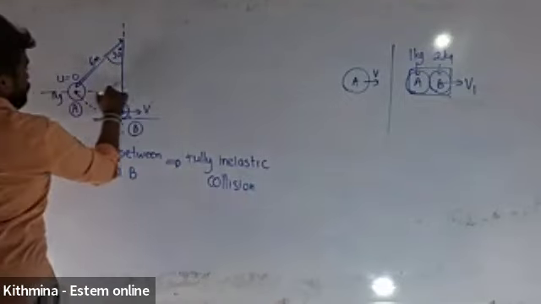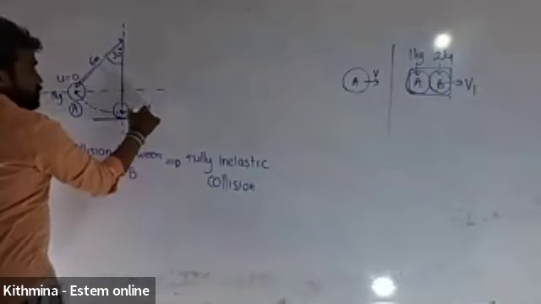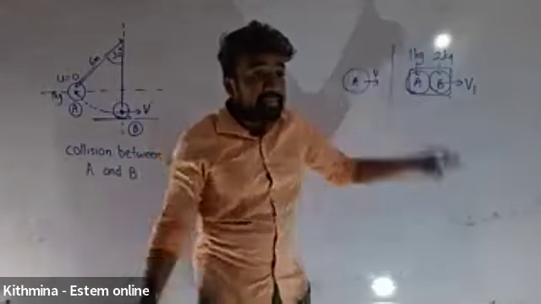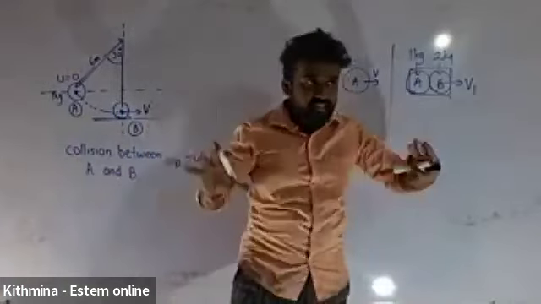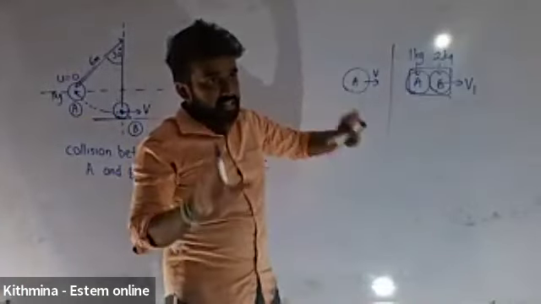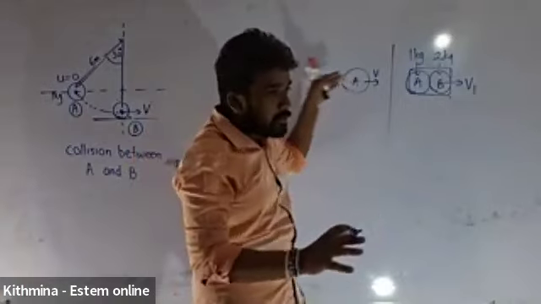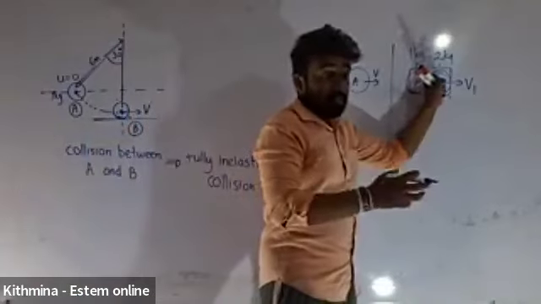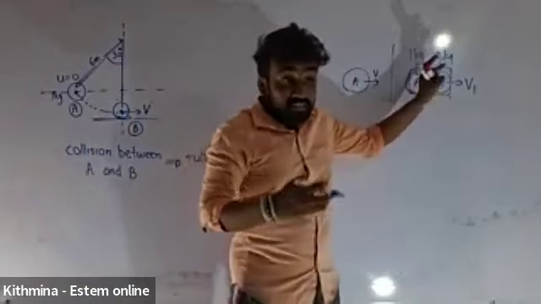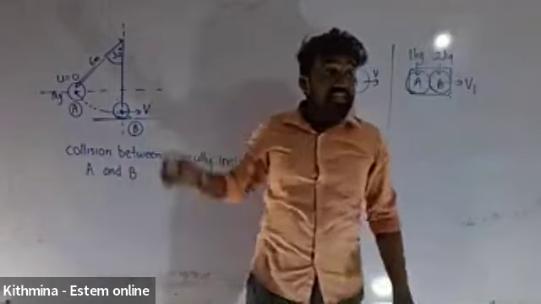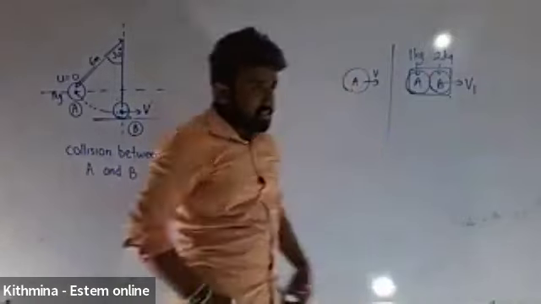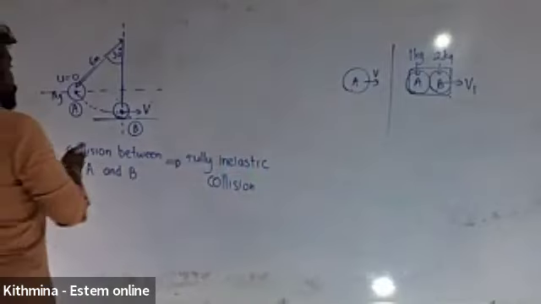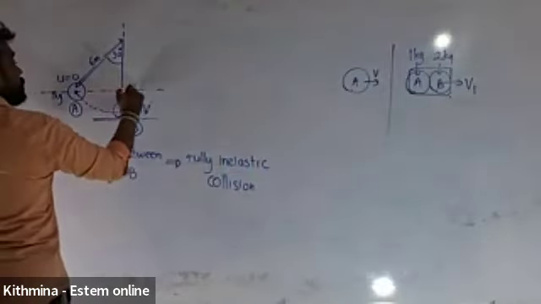With this V, capital A is hitting capital B, which is at rest. Capital A is coming and hitting it. Then both become a single object because it is a fully inelastic collision. That's the reason.